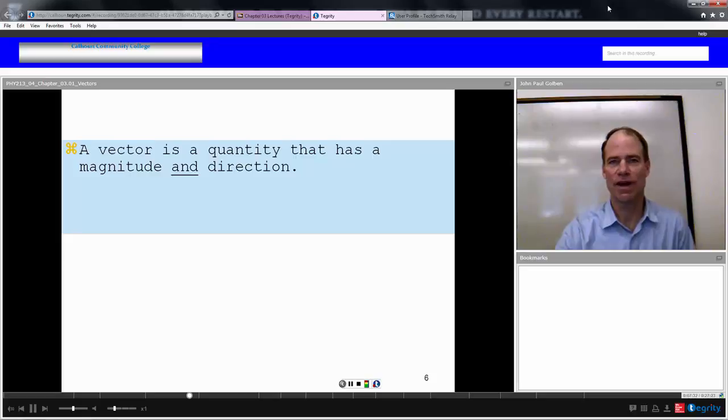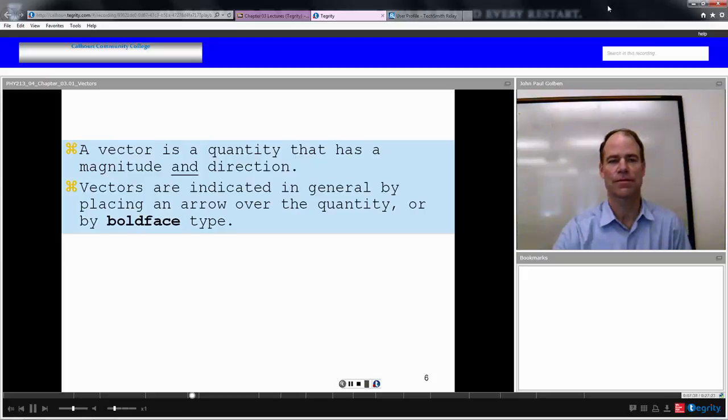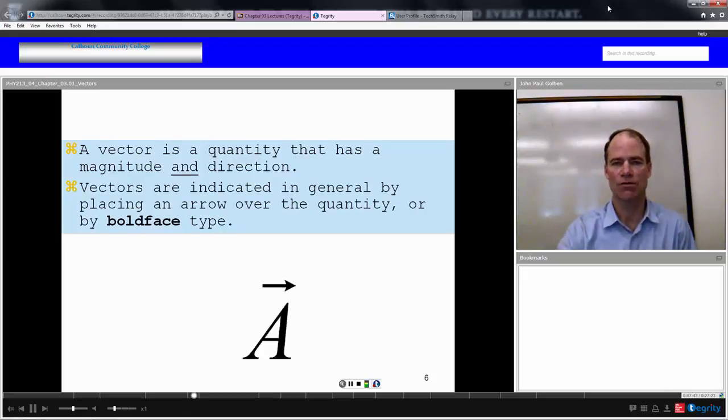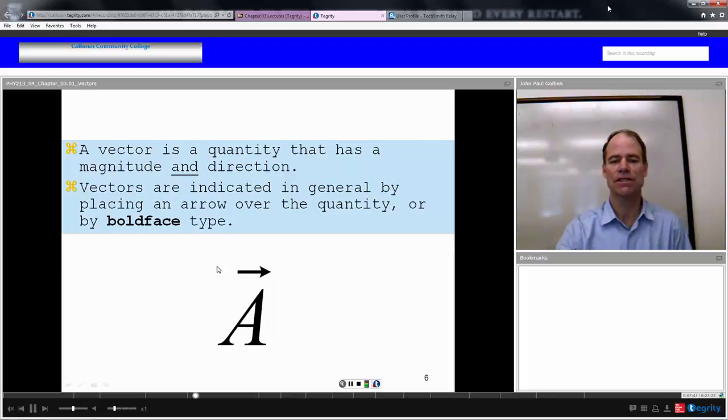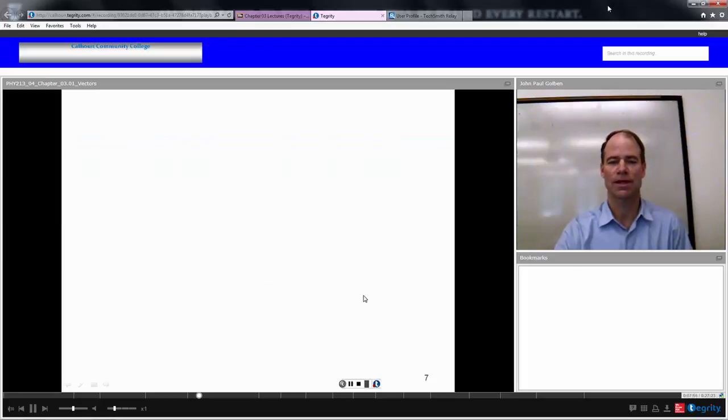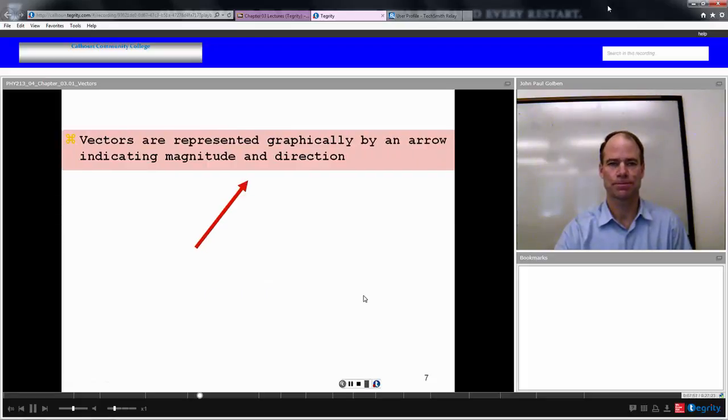On the other hand, a vector is a quantity that has a magnitude and a direction associated with it. Vectors are indicated in general by placing an arrow over the quantity or by using boldface type. So we would call this vector A, and we have to put an indication that it's a vector over the quantity, so it's vector A. Graphically, vectors are represented by an arrow.